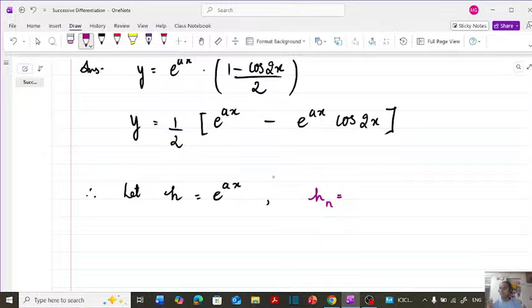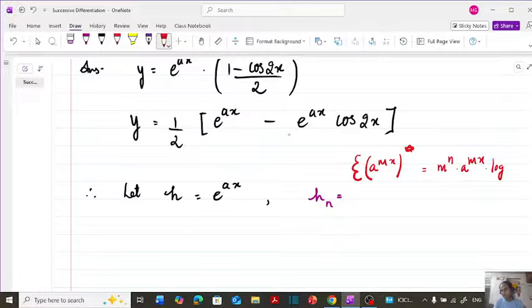The formula that we had written was a to the power mx, its nth derivative when you are calculating, that was going to give you m to the power n into a to the power mx again into log a to the power n. Now this is how it was given to you.